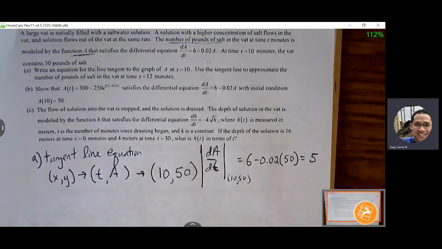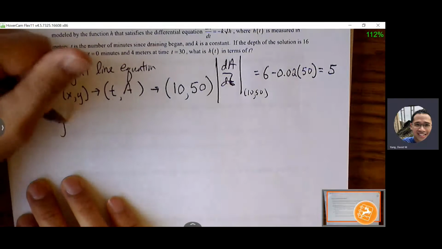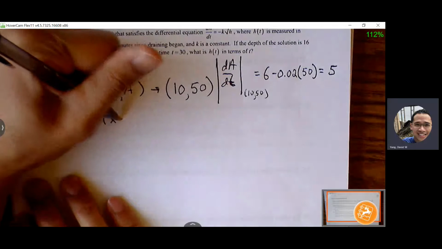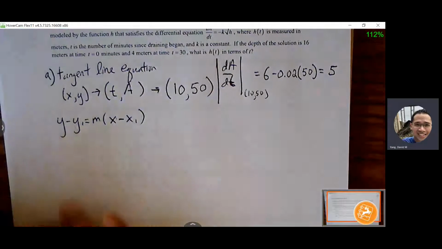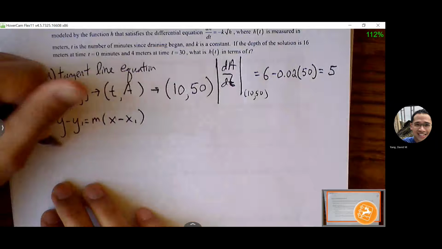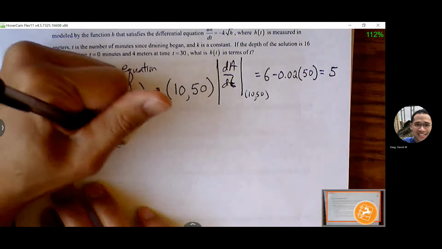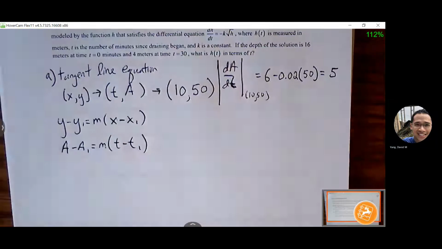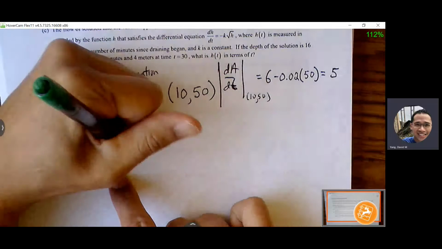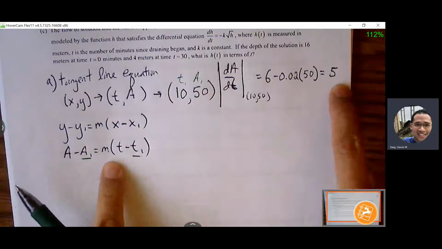Okay, ordered pair, slope, and then next, point-slope form. Typically, I know we do y minus y1, but we have to make an adjustment because of our new variables. So instead of y, we're going to use A. Instead of x, we're going to use t. So my 10 and 50 will insert for t sub 1 and A sub 1, and the m is obviously my slope, 5 there.